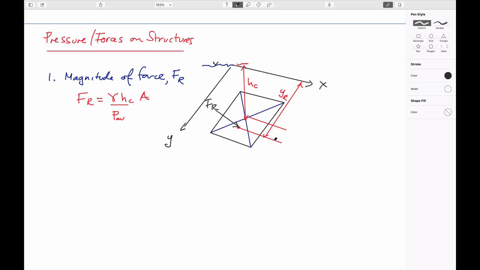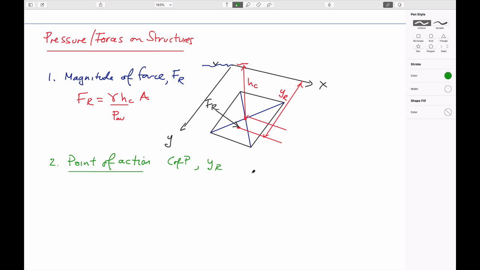It would act at this point, the center of pressure, C of P, which we call YR.